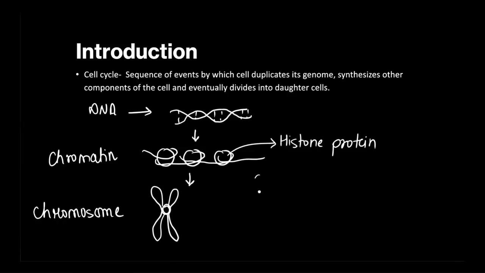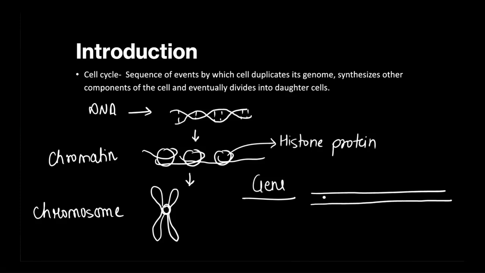Now, the gene. In our DNA, suppose I am making it linear, some of the regions will code for protein. Let's say protein 1, and let's say here it is protein 3. And this region is not coding for any protein. This region is also not coding for any protein.